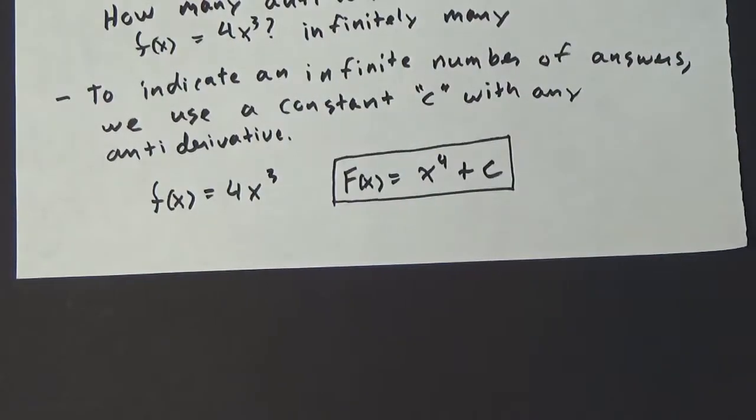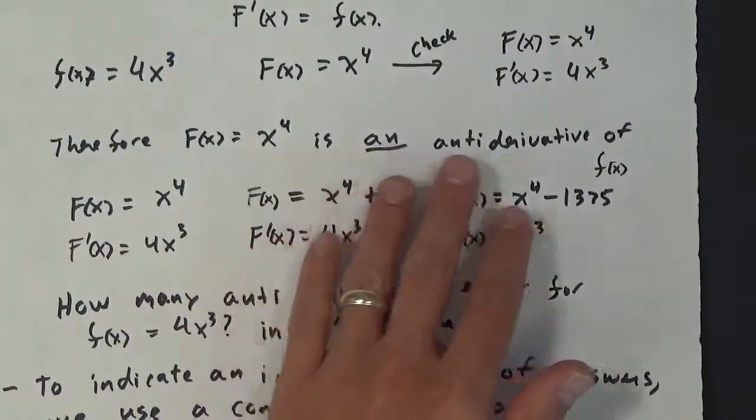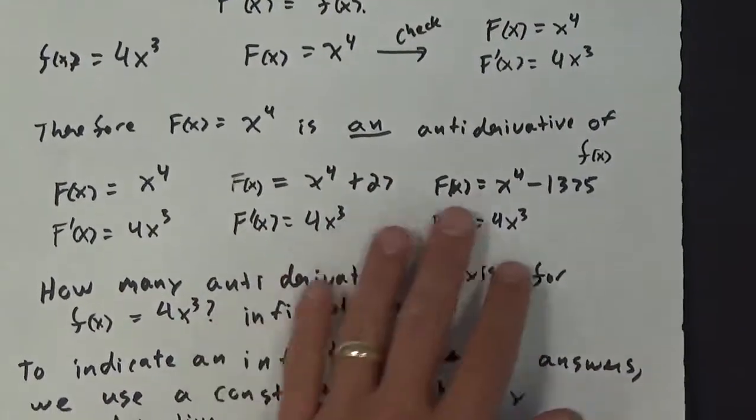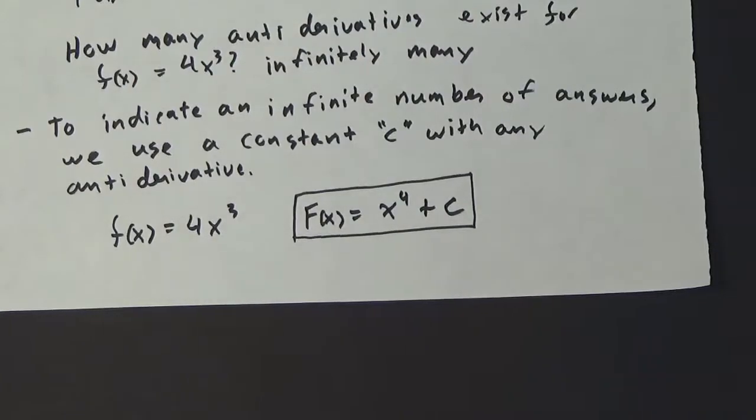Now, because I went through this whole thing talking about the difference between an antiderivative and the antiderivative, one thing to note about that plus c is if you don't write down the plus c with your antiderivative, that is an incorrect answer. Of course, if it's worth 5 points, I'm not going to take off 5 points, but I will take off 1 or 2 points depending on the situation.